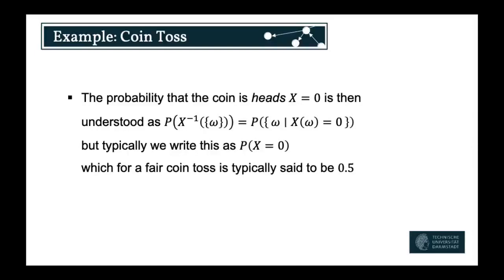Because it would be tedious to write this down, especially if you introduce conditions and multiple variables and interventions, we just opt for this simplistic notation. And of course, for a fair coin toss, this probability would typically be 0.5, so 50% of the time we would expect it asymptotically to be heads or tails.